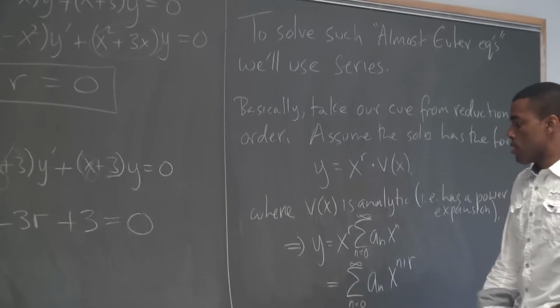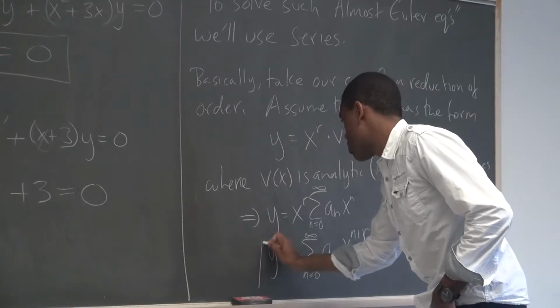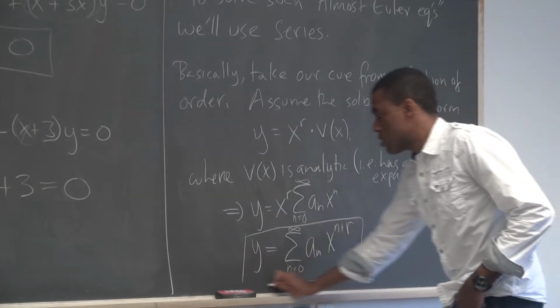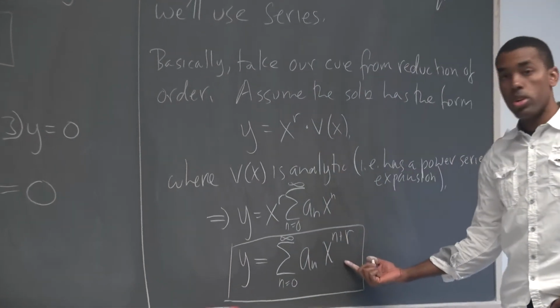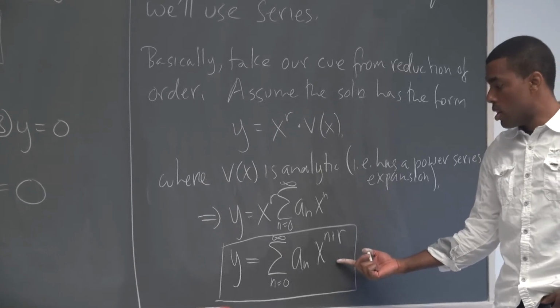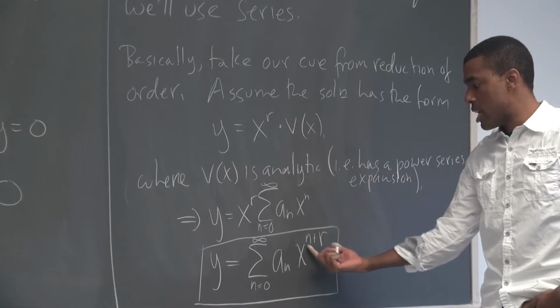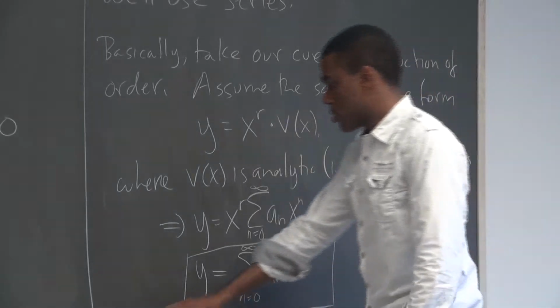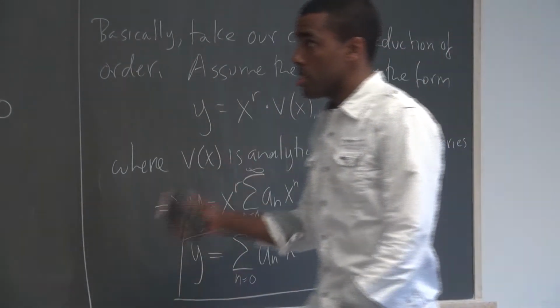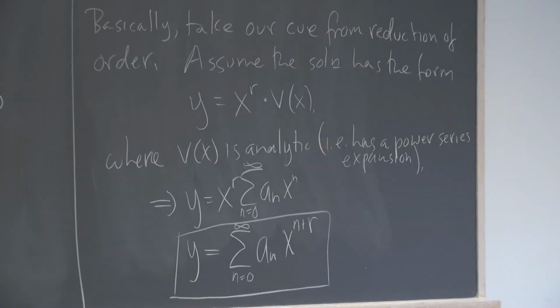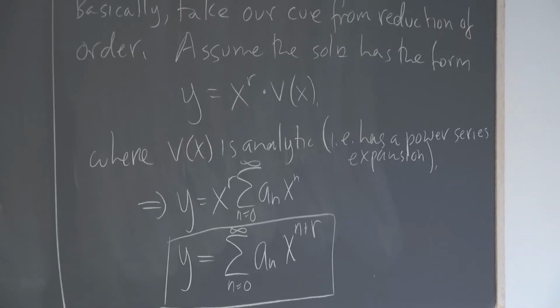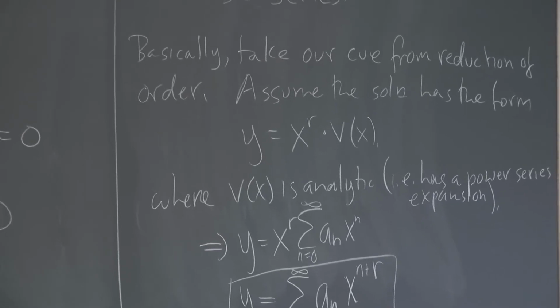Right? So whenever you're faced with an almost Euler equation, to do the series solution, this is the formula: assume the solution takes on this form. Similar to a power series, but now it has this n plus r. We're sort of shifting the powers because of that single quantity. And it turns out with that technique, we can actually find solutions to these guys.